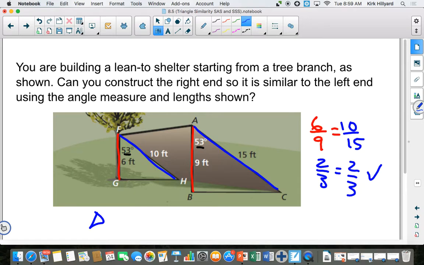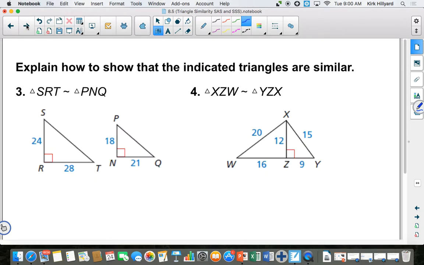Triangle GFH is similar to triangle BAC by side, angle, side. Okay? So that's a pretty good example where we have the included angles and the sides that are proportionate. So the triangles are similar by side, angle, side.